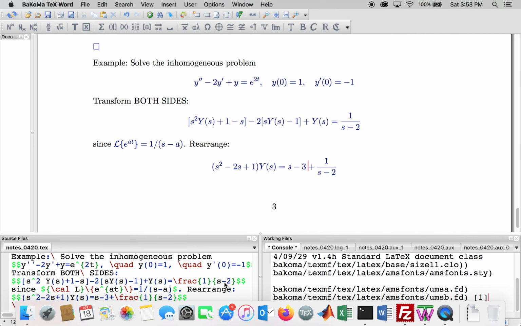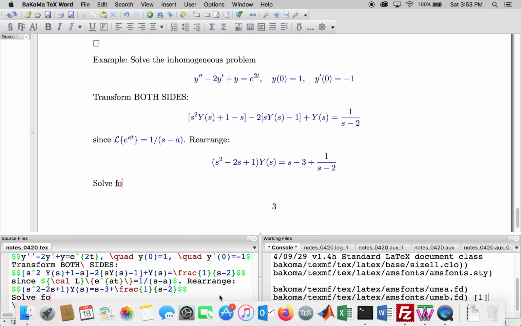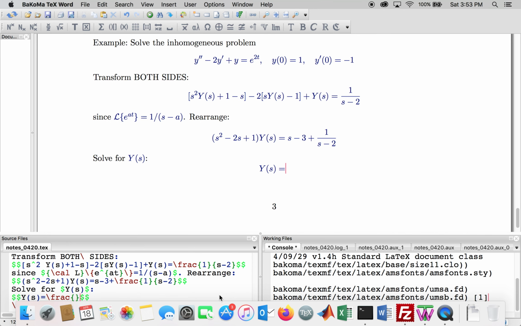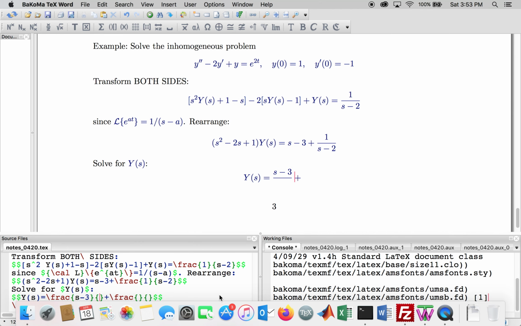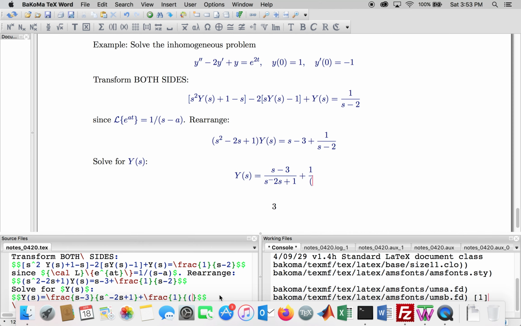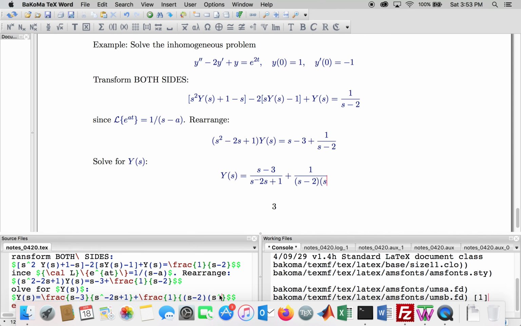So now Y of s will turn out to be equal to s minus 3 over s squared minus 2s plus 1, and then I'll have 1 over s minus 2 times s squared minus 2s plus 1.